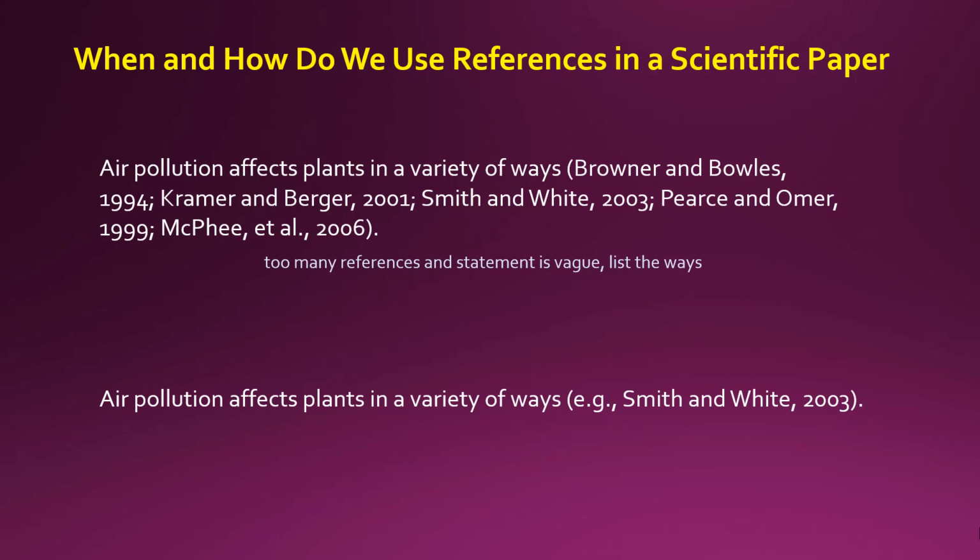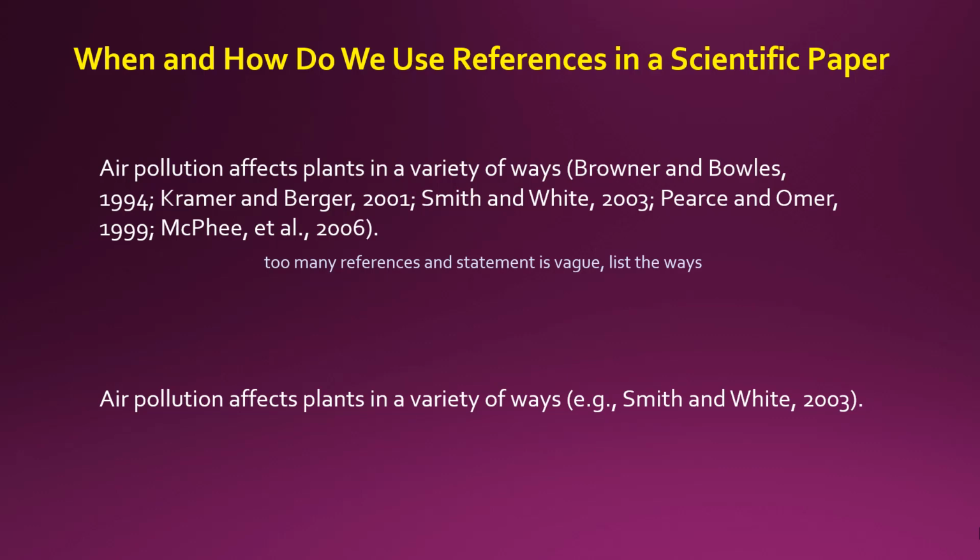So the variety of ways. Ways is vague. You don't know what these ways are, and you just have this list of references. You should really list the ways. That would be a better way to go about writing this sentence, and then after each different way, you would put the individual citation.